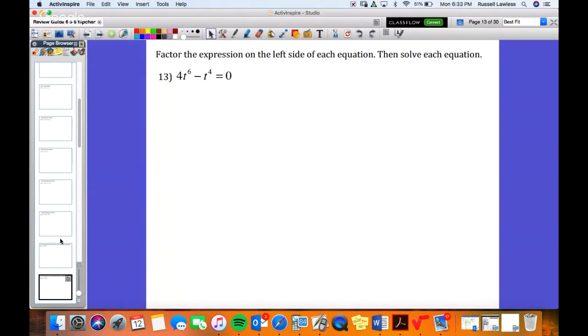Hey, Jay, let me ask you this. Is it okay if I start with number 1 and then kind of work my way down? Because eventually I will get to 13, 14, and 15. I'm going to do all of the problems on the review guide. Is that okay for me to do? Yes or no? I'll let you respond, Jay, waiting on you.